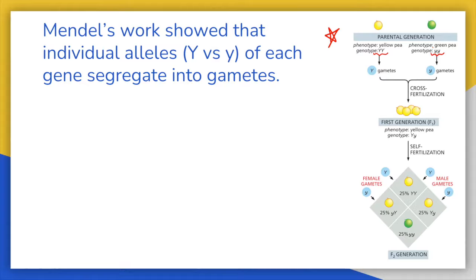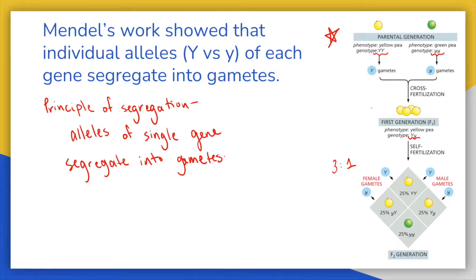And we mate those together and we end up with all heterozygotes. When we look at the offspring, we see a 3-to-1 ratio of yellow to green. Mendel used this to generate his principle of segregation. Now we would say that alleles of a single gene segregate into gametes.